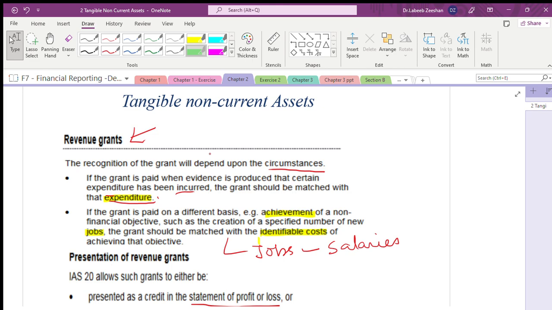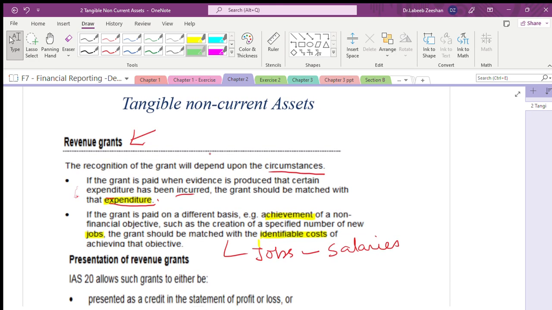This is one of the conditions. If the grant is paid on a deferred basis, it has a financial objective. It has to be matched with the identifiable cost of that objective. This is another condition.